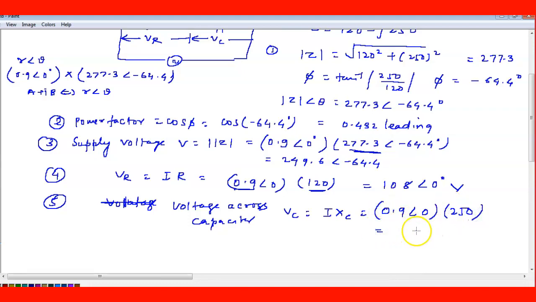If you find this, we will get 225, and you can write the phase difference also. This is minus 90 degrees, because the voltage across a capacitor is at minus 90 degree. I have already discussed that about the capacitor in the previous lecture. So you can write 225 and the angle is minus 90 degree. Any doubt till here?